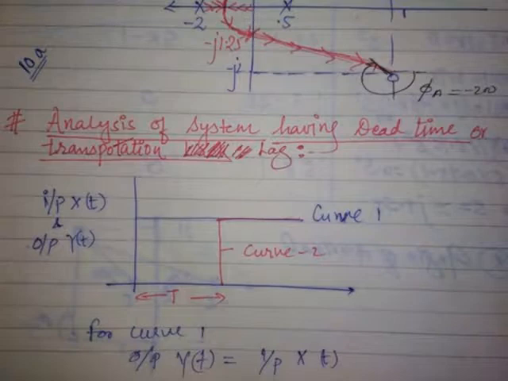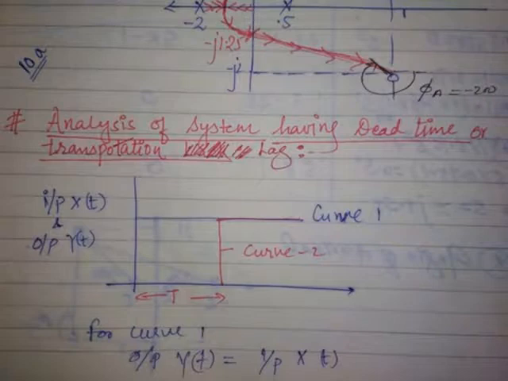A non-minimum phase function means a pole or a zero is present in the right side, more specifically zeros. So why do we call it non-minimum phase? What is the relation with regard to the phase characteristics of that system? We will see now. Write these points.